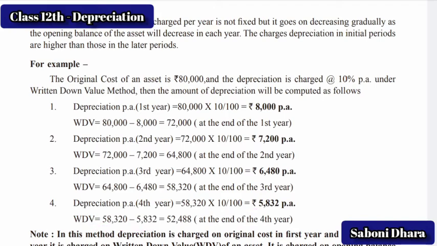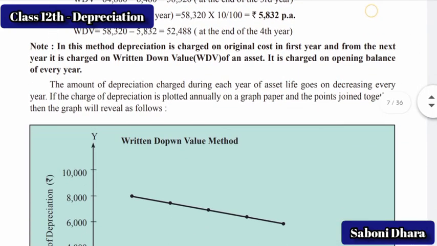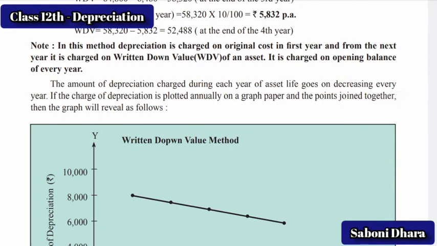So in this method the depreciation is charged on the original cost only for the first year, and from the next year it is charged on the written down value of the asset, means the balance of the asset of each year. So it is charged on the opening balance of every year.